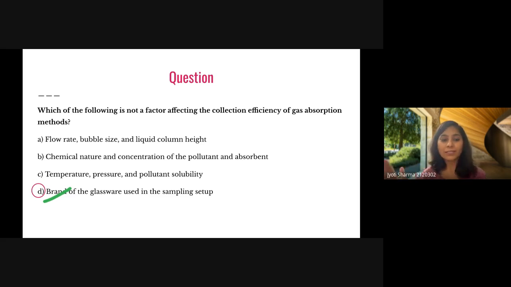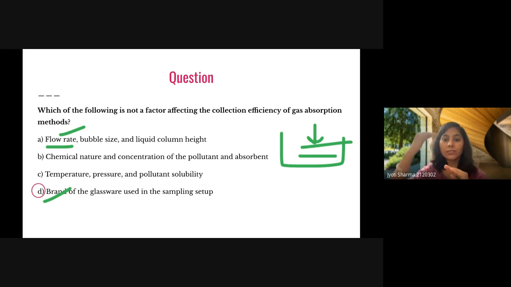So we are keeping this aside. Whenever we have a high flow rate, the efficiency will be reduced. Whenever we have a slower flow rate, the efficiency increases, because here we have, let's say, water, and air is getting absorbed into it.